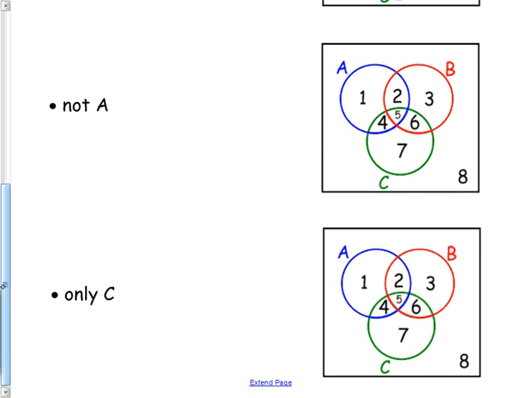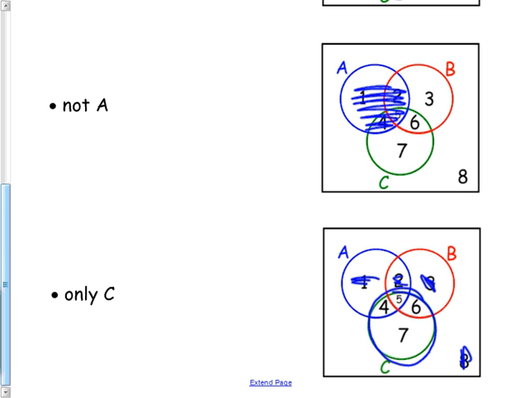How about not A? All I like to do on that, cross off all of these, and it's everything else. Simple as that. Only C. All of those can't be this, this, this, or this. It's the most powerful to just cross things off when you aren't supposed to use them.